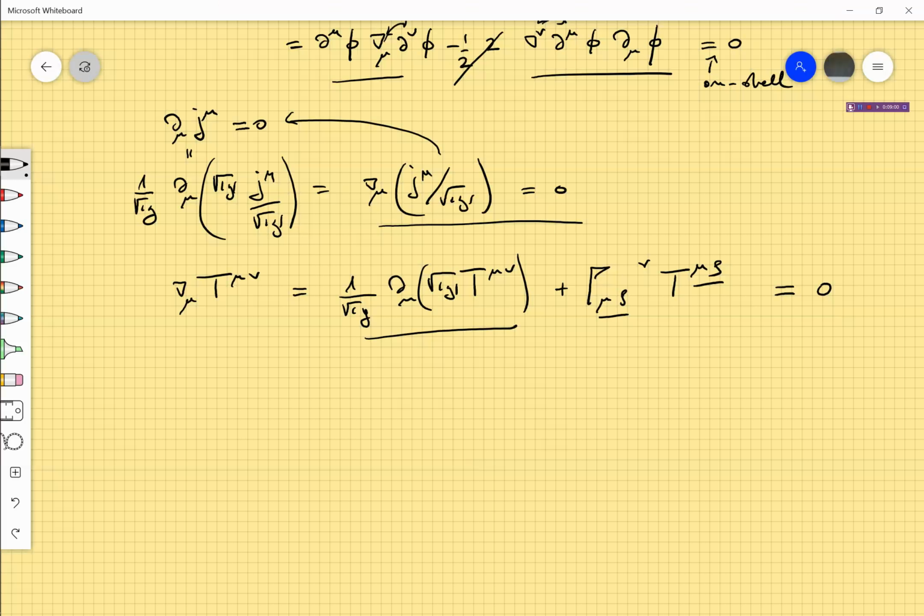The energy of this field cannot be conserved separately from that of the gravitational field. There is an interchange of energy between matter fields and the gravitational field, and this only takes into account the matter fields. So the energy of the matter fields separately is not conserved, because there is an interaction with the gravitational field.